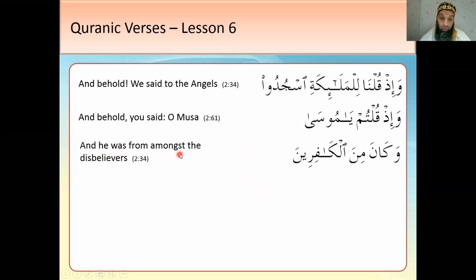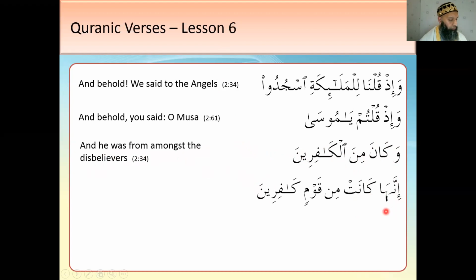So, and he was from amongst the disbelievers, and he was from the disbelievers. Innaha. Innaha is two words, inna and ha, combined. What does that mean? Indeed she was. In the translation it's written here, surely she was, so we'll just stick with surely.